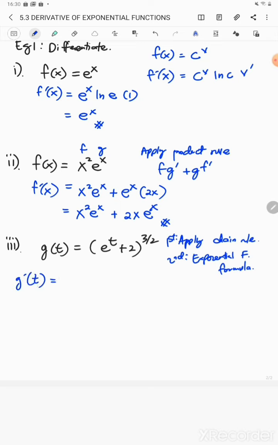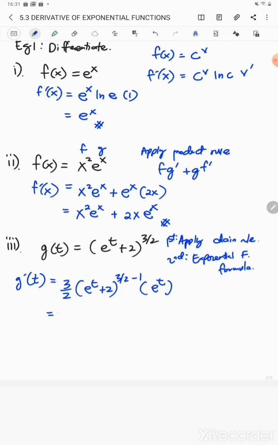Apply the chain rule. Remember the 4 steps. Bring 3 over 2 to the front, and then copy all terms inside the bracket, and then 3 over 2 minus 1 the power, and then the last step you have to differentiate terms inside the bracket. So differentiate e power of t, we will get the same thing, e power of t, plus differentiate 2, we get 0.